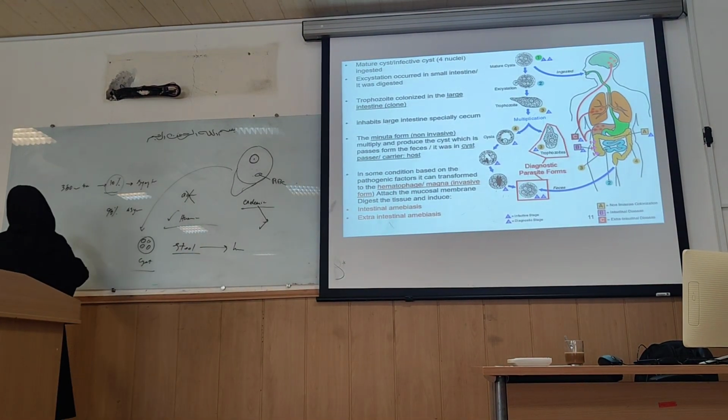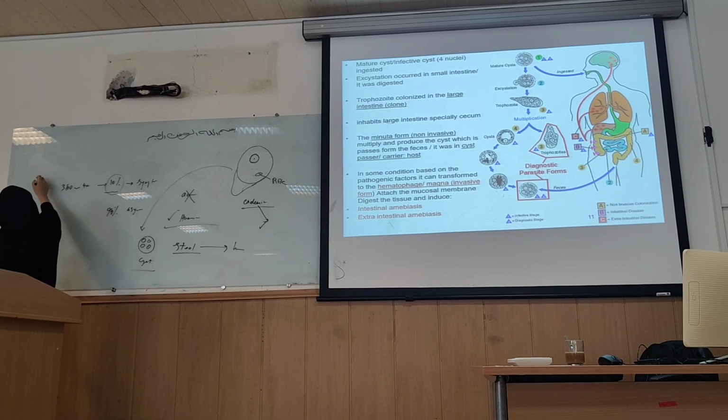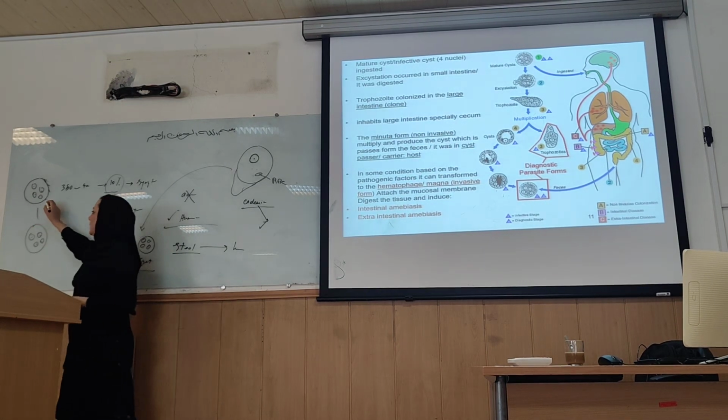You know that in the small intestine we have so many enzymes, pepsin, trypsin, bile salt, all of them help, and the cyst is ingested, and the trophozoite with 4 nuclei comes out from the cyst wall.